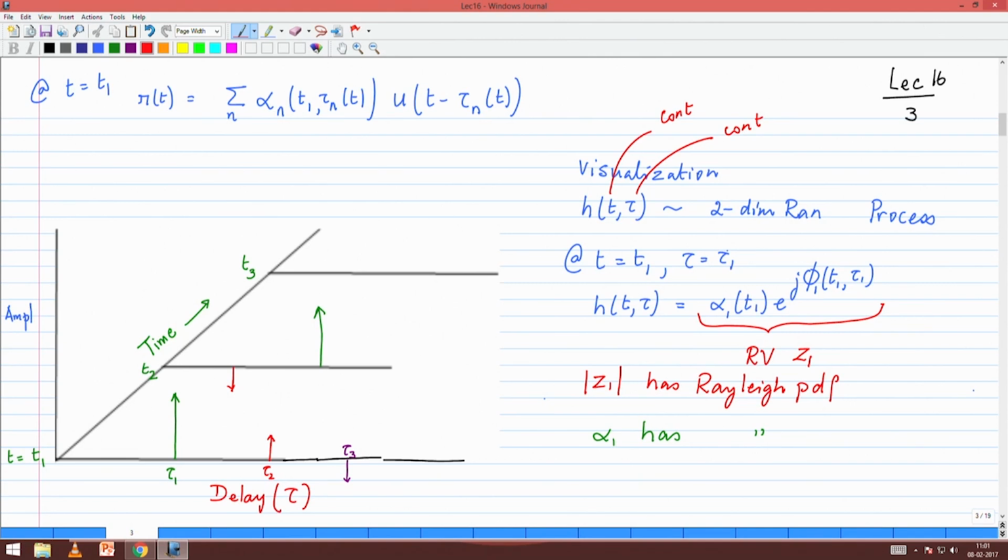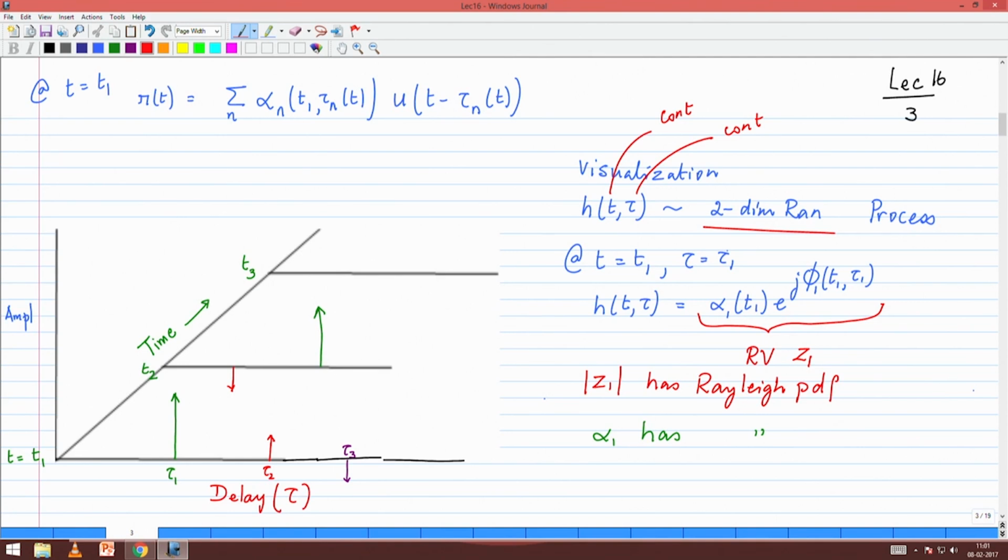It has some variations along the tau dimension which are dependent on the environment. There are some variations along the time dimension which also depends on the position. So a 2-dimensional random process is a good way to visualize this channel response. It is random both in the time dimension as well as in the tau dimension.